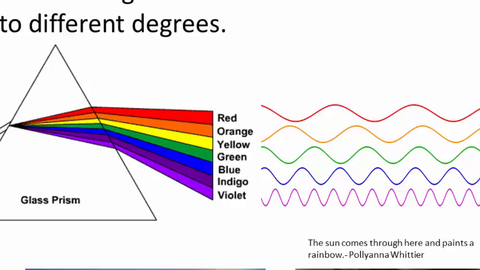And in this example, the glass is what we would call a prism, so that the electromagnetic radiation that exits a prism will be spread across what we call the spectrum of light, where the shortest wavelength of light, what we call blue, indigo, and violet components of electromagnetic radiation, the ones with the shortest wavelength and highest frequency, will be bent the most, and those components that have the longest wavelength and lowest frequency, red and orange, will be bent the least, and those components of the electromagnetic spectrum that we call yellow and green will be in the middle.